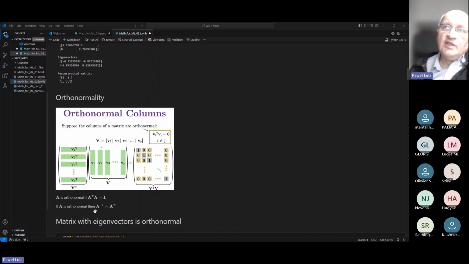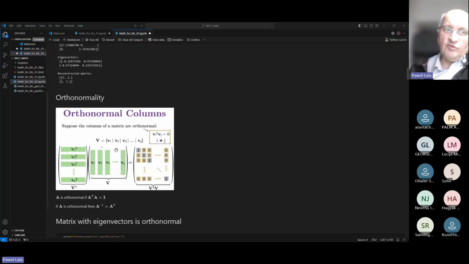So always this rule is satisfied. Inversion of a matrix is equal to the transposition of this matrix, but it is true only if in this A matrix we have columns which are orthonormal.